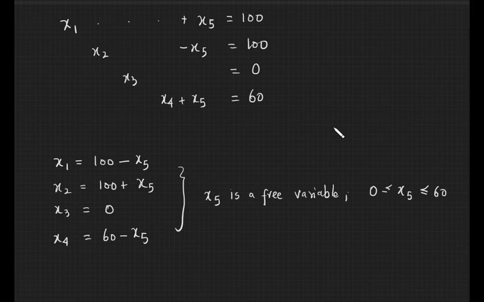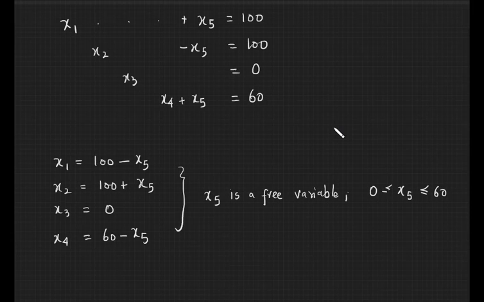For a specific value of x5, for example, x5 is equal to 0, you can find the values of x1, x2, x3 and x4, and that is one of those infinitely many solutions, which means this system has infinitely many solutions. Similarly, for x5 equal to maybe 10, you can have another set of solutions x1, x2, x3 and x4.